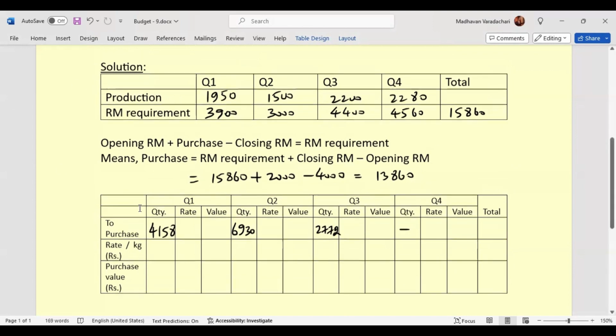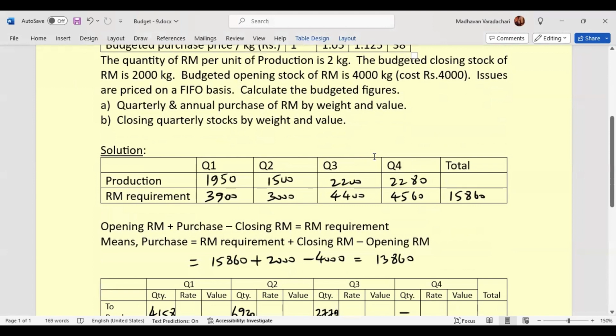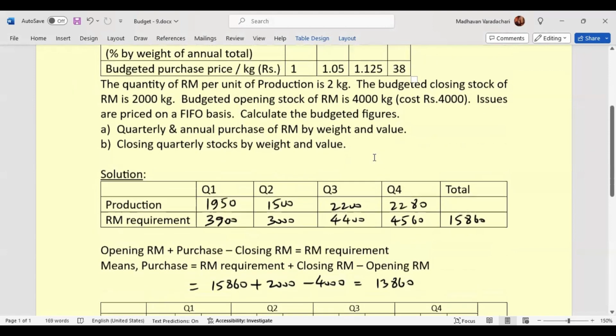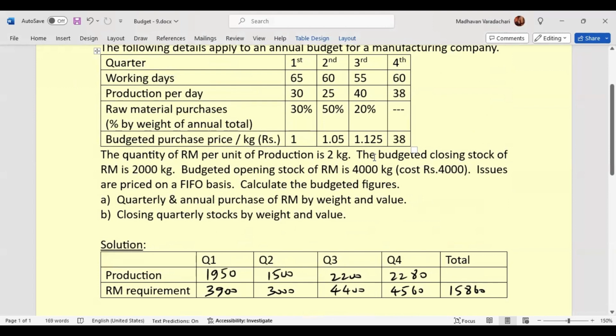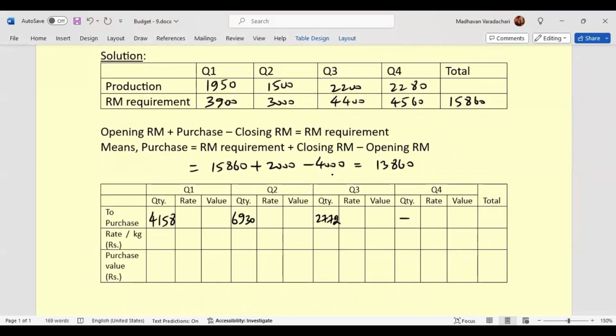Then rate per kg is given. For first quarter, it is 1 rupee, 1.05 and 1.125, like that. Here it is actually not given, sorry. So only the first 3 quarters prices are given. So first one, it is 1 rupee. Second one, it is given as 1.05. Third one, it is given as 1.125.